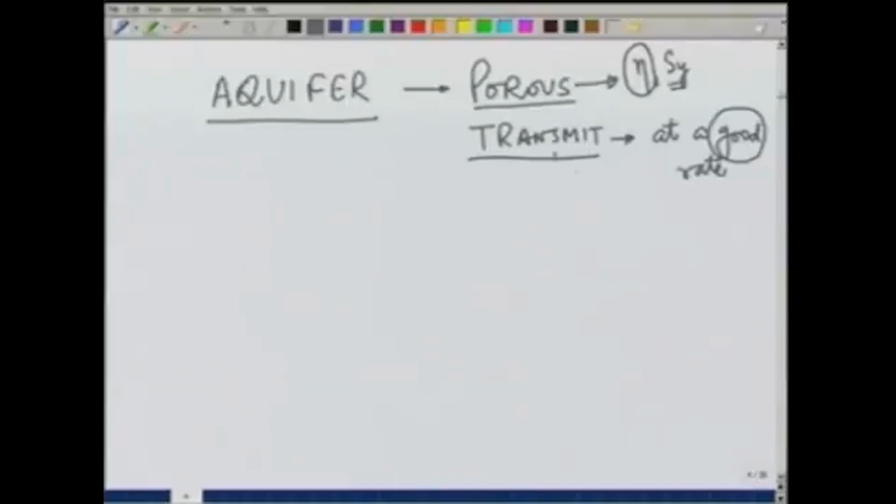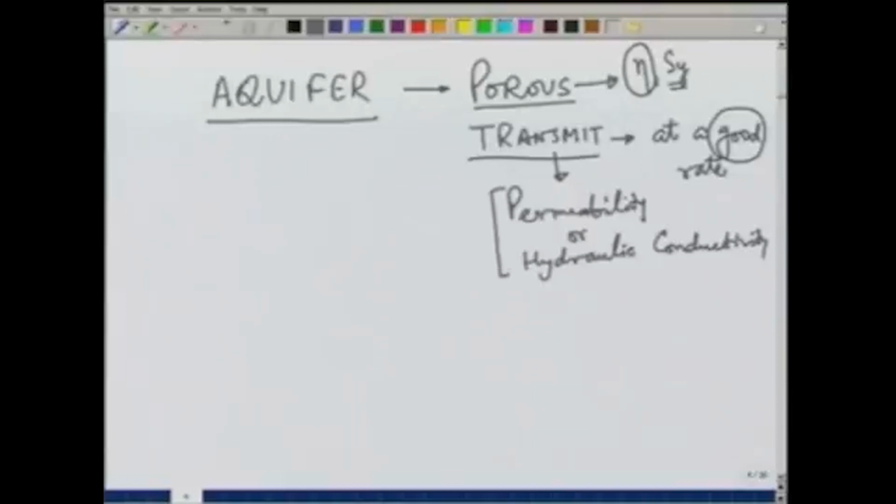For transmissivity or how fast the formation is able to transmit water, we have a term which is known as the permeability or hydraulic conductivity. We will look at these in details later, but right now we can just think about these as the ability of the formation to transmit water.